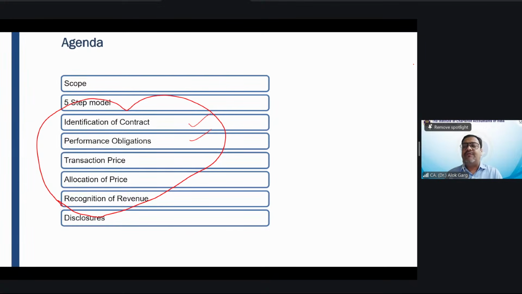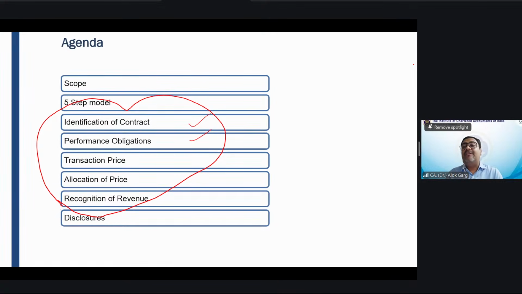So for example, the entity estimates that only 10% of people will return the goods. For that 10%, you have to create a refund liability and a right to recover asset. Friends, we will discuss this concept also. Right of return is one of the concepts in performance obligation.